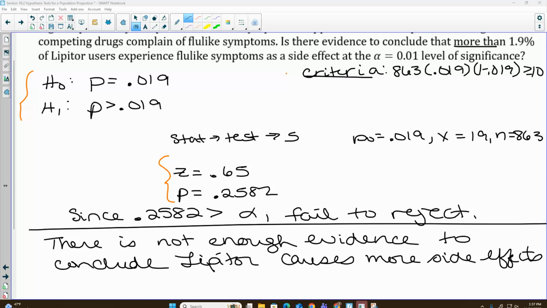So in general, conclusion is just reject or fail to reject. If I say explain it, that means put it in the context of the problem. Tell me a sentence. What's it mean? Is that okay?